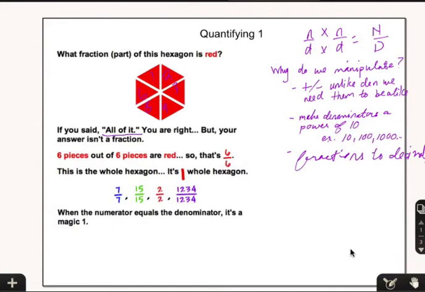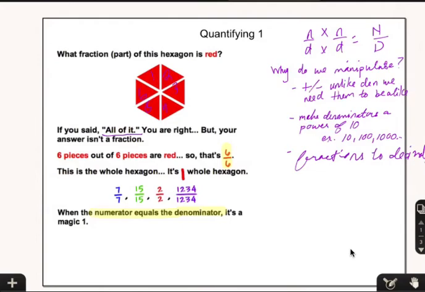So what I need to say is 6 pieces out of 6 pieces are red. So that is 6/6. And so this is a whole hexagon. It's equal to 1. This helps us represent that when a numerator equals the denominator, it's the magic 1. That means I have a 1.